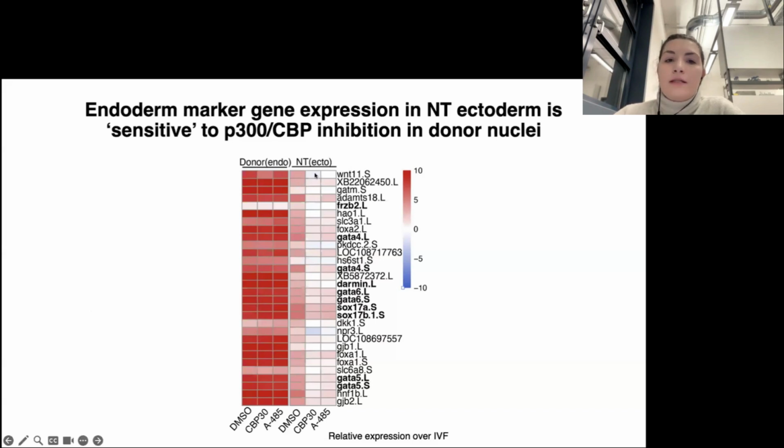We can see that the expression in the donor nuclei was maintained, but in the NT embryos, this was reduced. The genes that you can see marked in bold are known endoderm marker genes. We decided to call these rescue genes sensitive to the treatment because they became permissive to reprogramming.